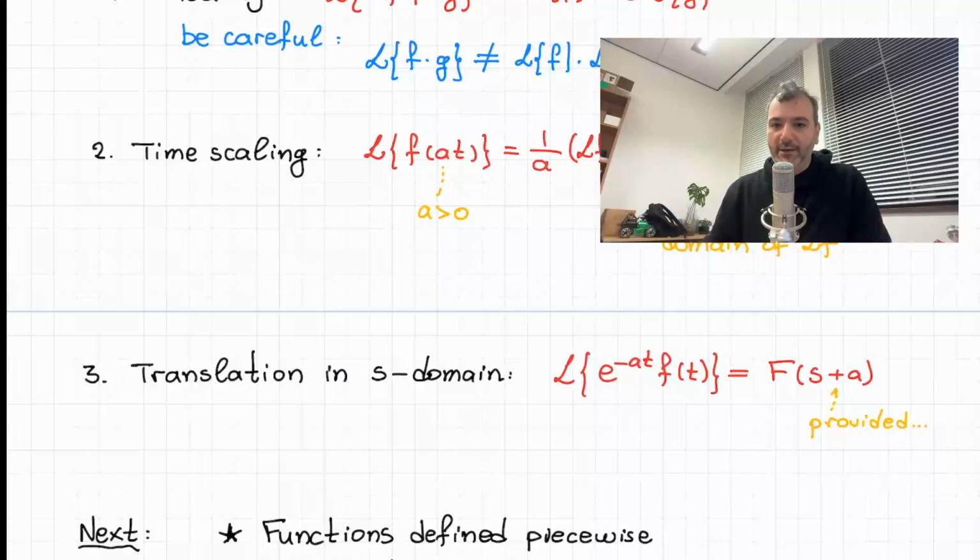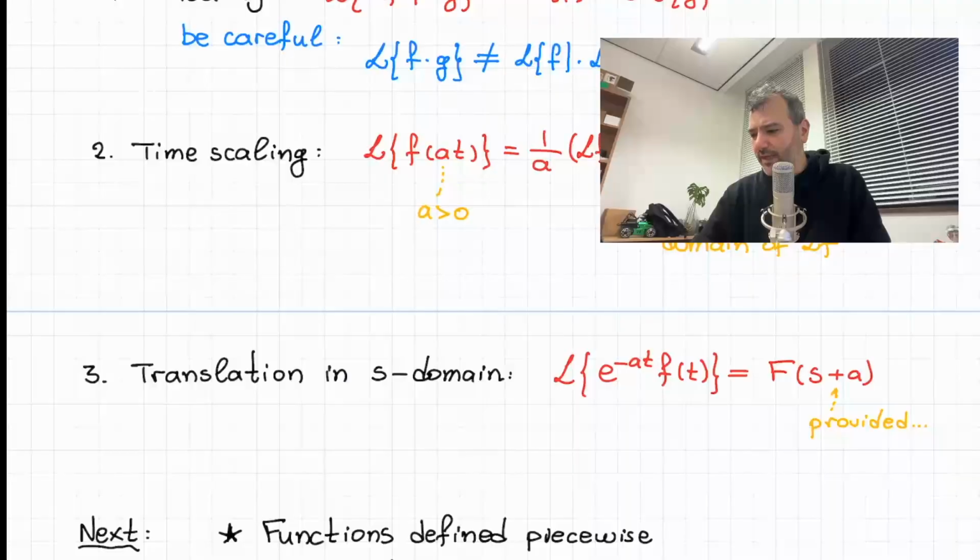Well, in lack of a better title for this property. It's a formula that gives you the Laplace of a function f when you multiply it by an exponential. And what happens here is that the result is the function f evaluated at s plus a.